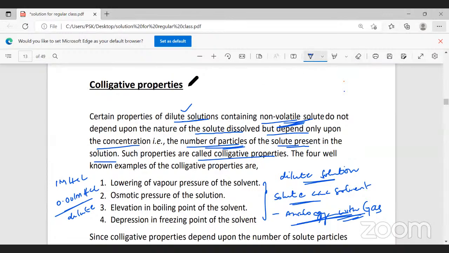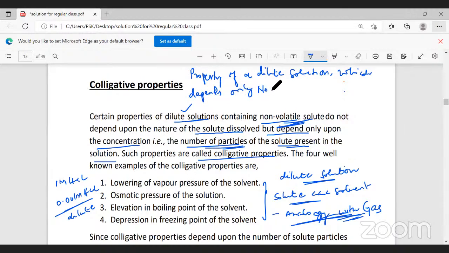It's a property of a dilute solution which depends only on the number of solute particles and not on the nature. Those kinds of properties are called colligative properties.